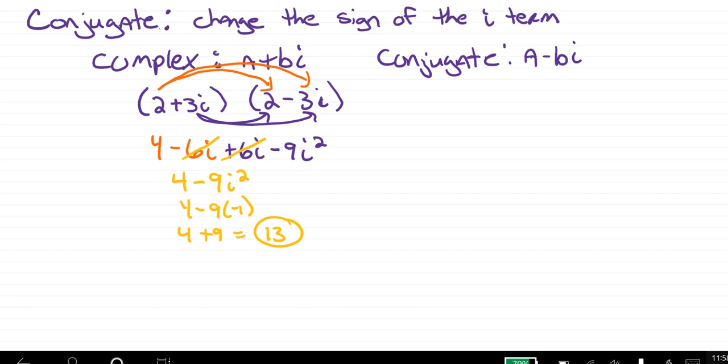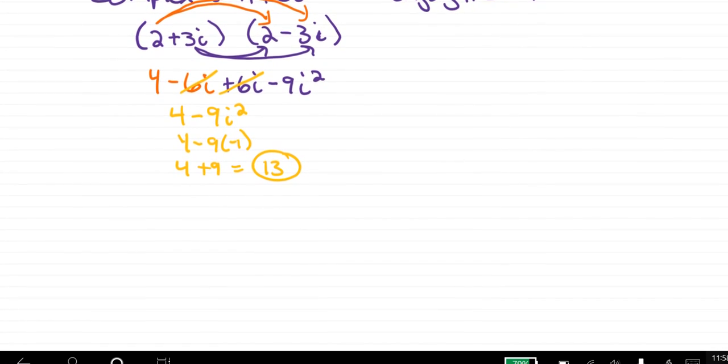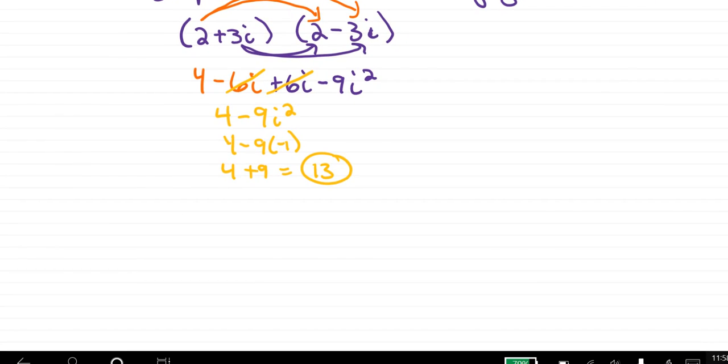But the reason we need the conjugate is, I alluded to it, but we didn't really do any problems with it. When I mentioned the rules of radicals the other day, one of those rules, I think I put it in the third spot, said that there can be no radicals in the denominator.